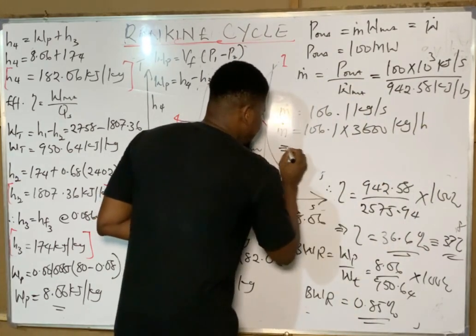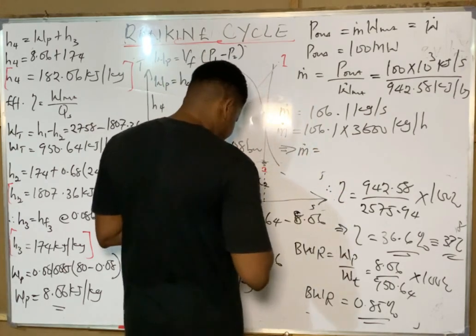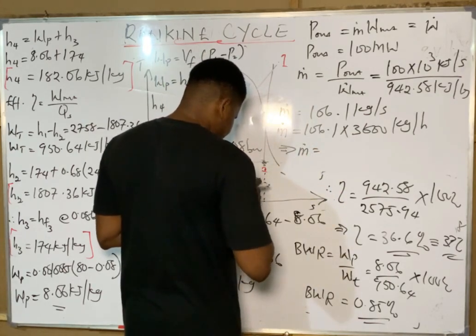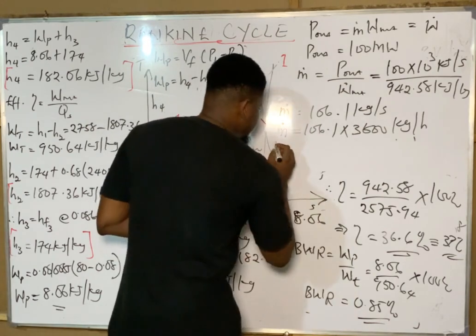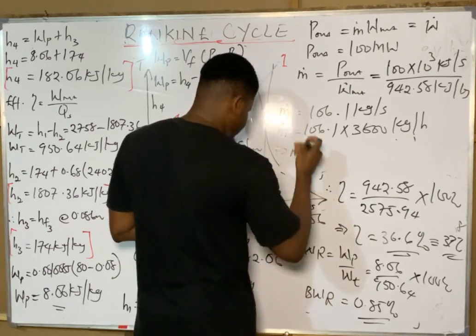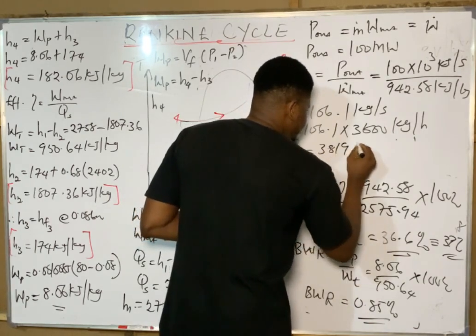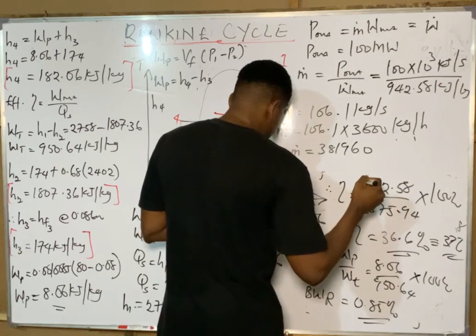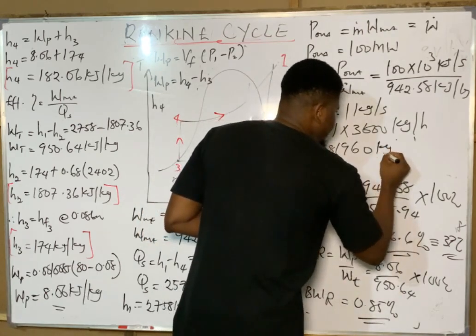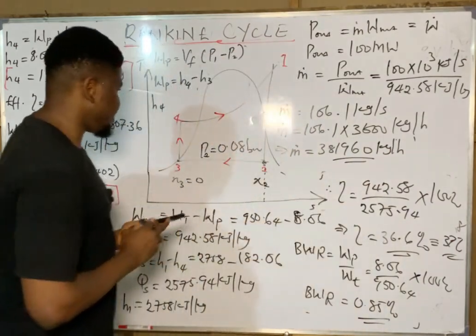If you multiply these two together, you have 381,960 kilograms per hour. So this becomes our mass flow rate.